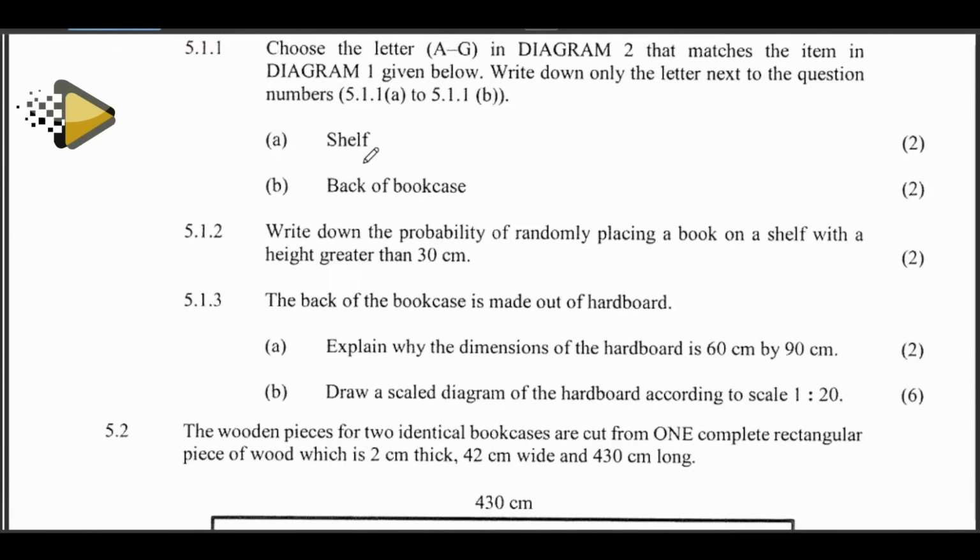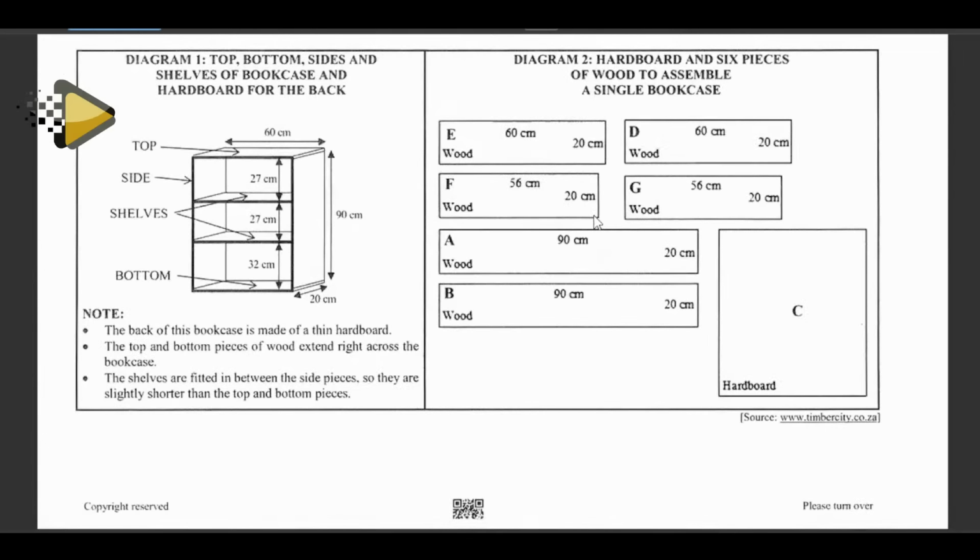Choose the letters A to G in diagram 2 that match the item in diagram 1 given below. Write down only the letter next to the question number. So we got to know which block represents the shelf. The blocks that represent the shelves are these ones here. Why?